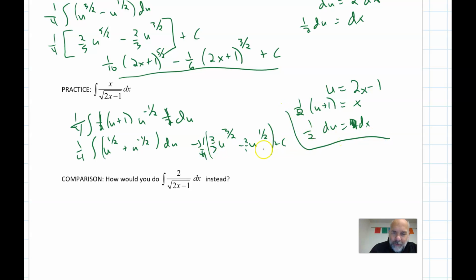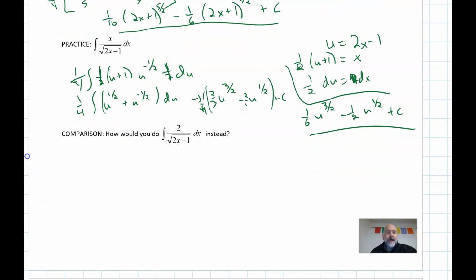Whoa, didn't leave myself that much room. And so 1/2 times 2/3, that'd be 2/12, so that's 1/6. Yeah, 1/6 u to the 3/2 minus 1/2 u to the 1/2 plus c. I think I did that right.